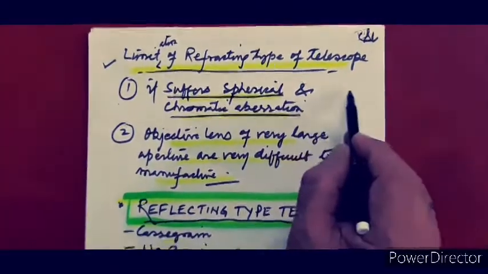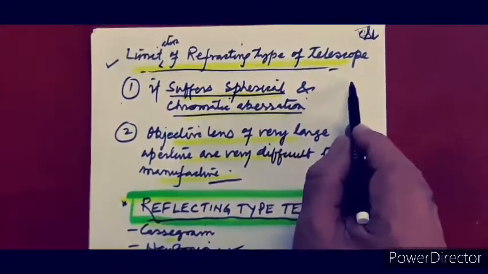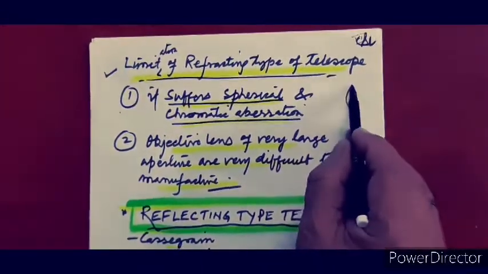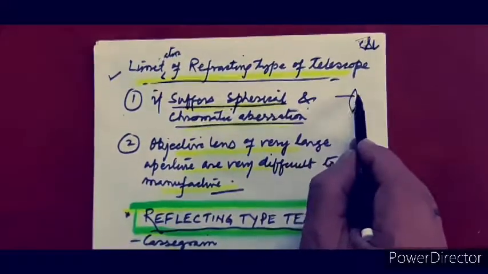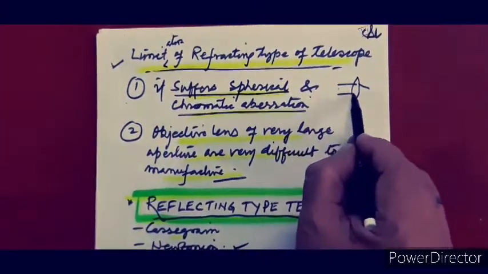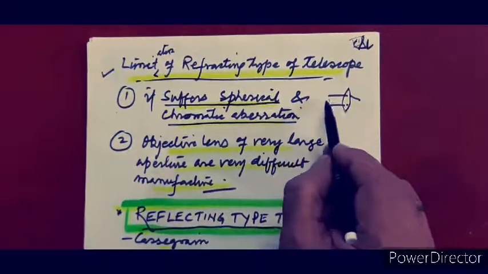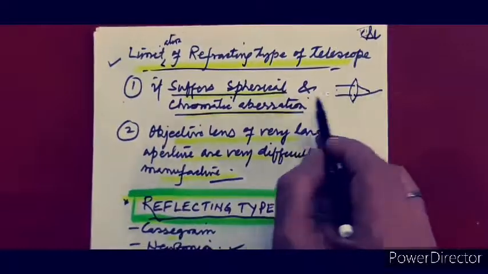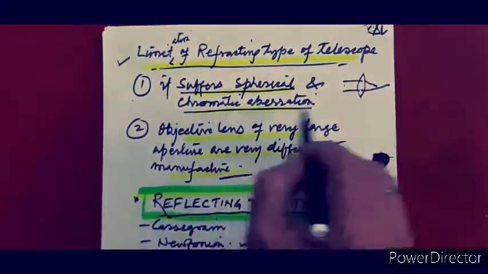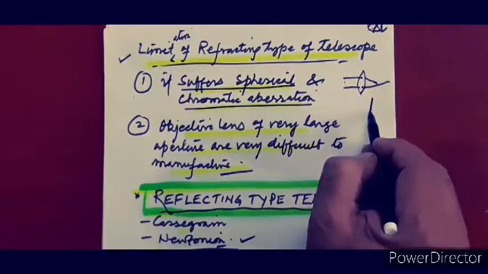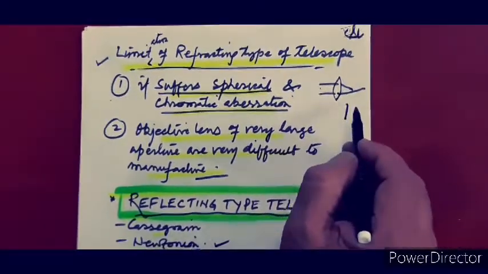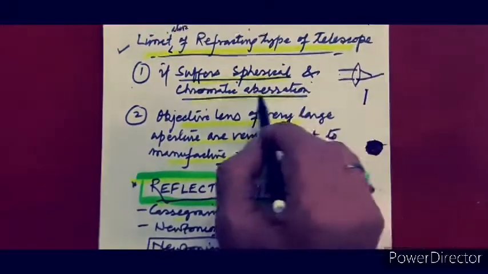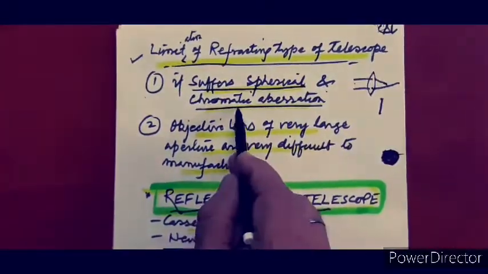Spherical: suppose there is some manufacturing defect in the lens, and all the parallel rays are not meeting exactly at a point, then there is spherical aberration. Chromatic means if one color is visible, then there is no chromatic aberration. If more than one color is observed, then there is chromatic aberration.